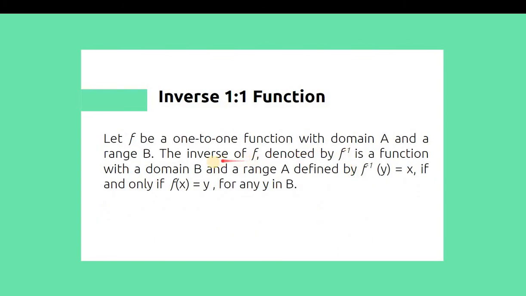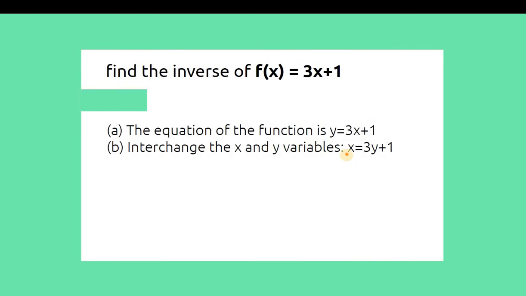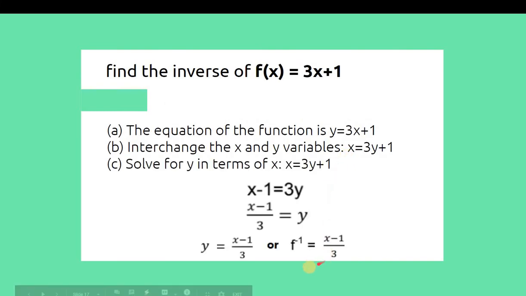The inverse of f is f negative 1. Okay? So, tatandaan natin yun, ano? So, since in-inverse na natin siya, isulat mo na rin, ano? After mo nang makuha yung answer mo, y is equals to x minus 1 over 3, or f minus 1 is equals to x minus 1 over 3.